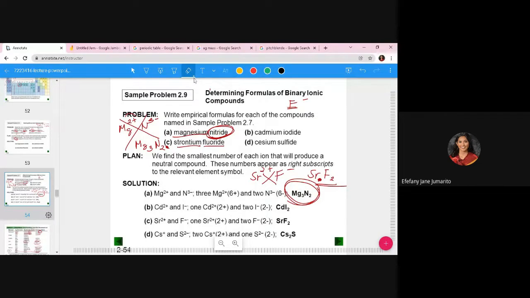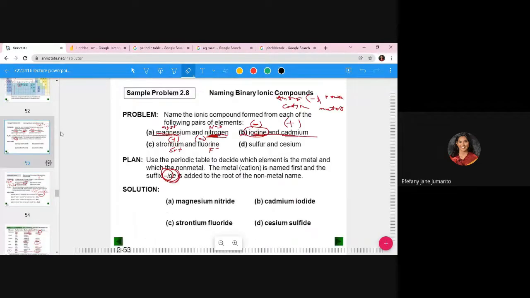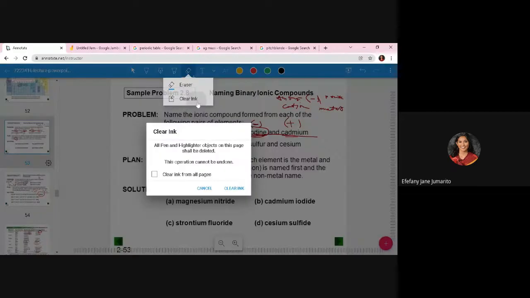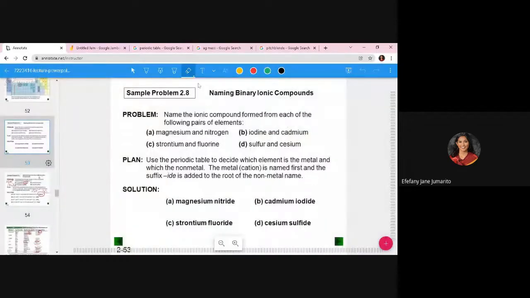Now, this time we are going to write the formula. When we write the formula, letter A, we have magnesium 2 plus and nitrogen 3 minus. So Mg 2 plus and N 3 minus. When we write the formula, we do cross multiplication.